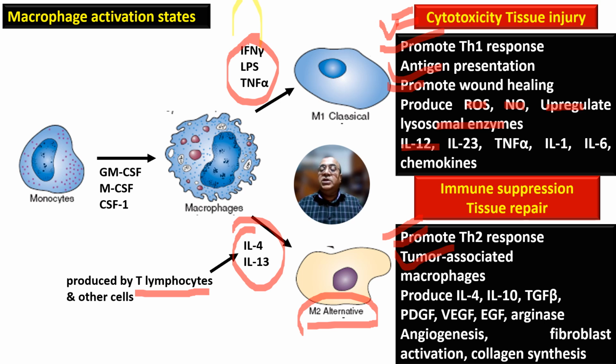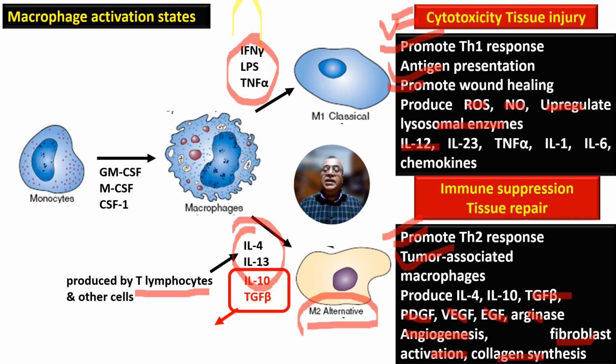They produce interleukin 4, 10, transforming growth factor beta, various growth factors, platelet derived growth factor, vascular endothelial growth factor, epidermal growth factor, arginase, and there is association with angiogenesis, activation of fibroblasts, and as a result collagen synthesis that is responsible for scar formation.